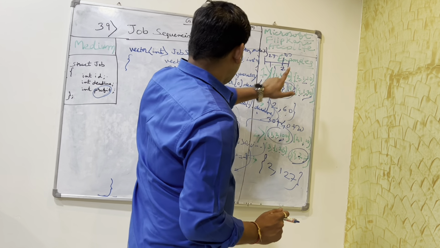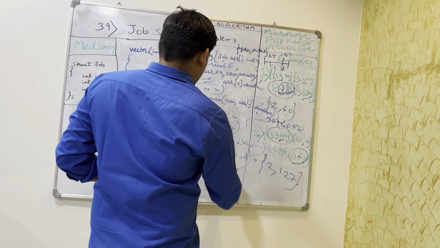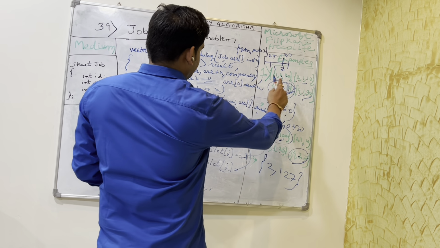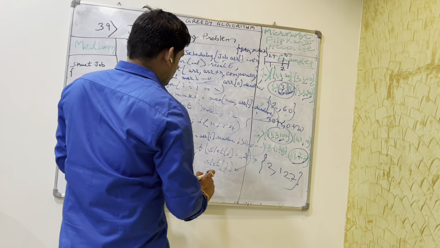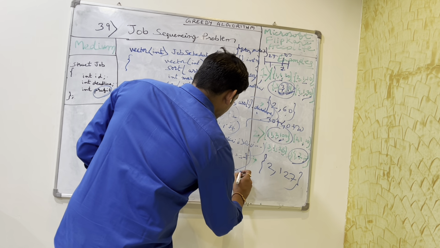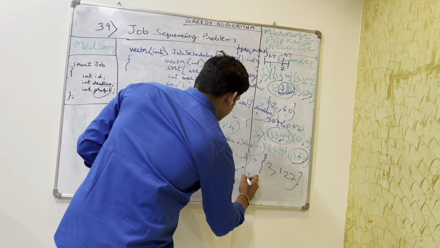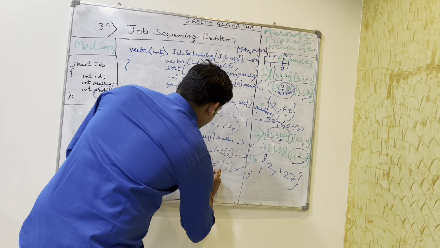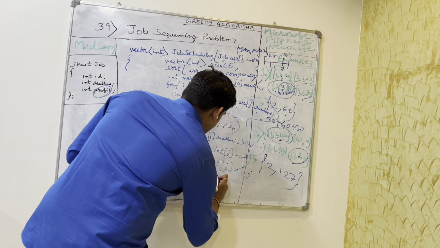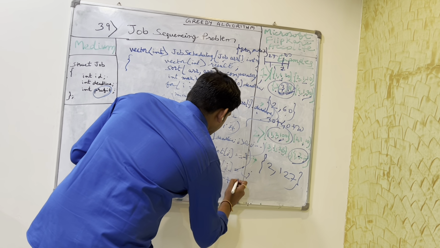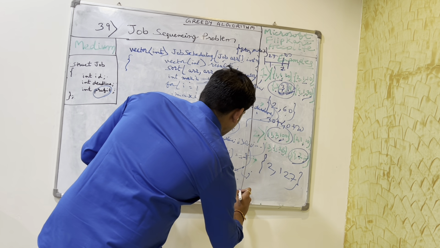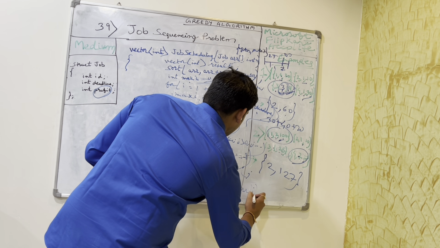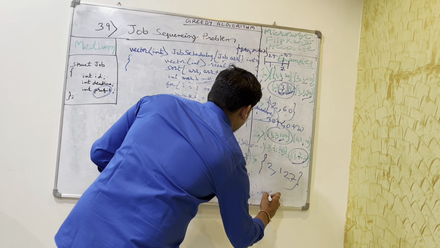For example, j is actually this one, right? The deadline, the final value here. Slot of j equals i, the index of the job, the first job which you have taken. We increase the number of jobs with plus plus, and we do profit plus equals array i dot profit.